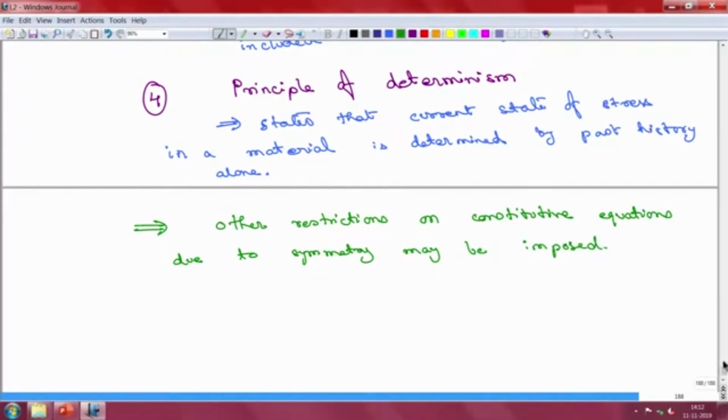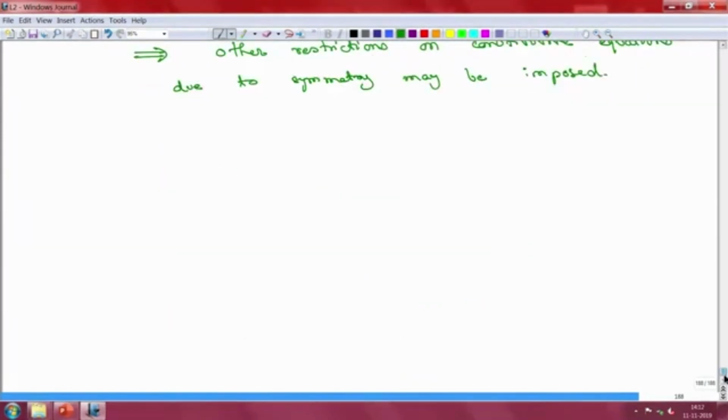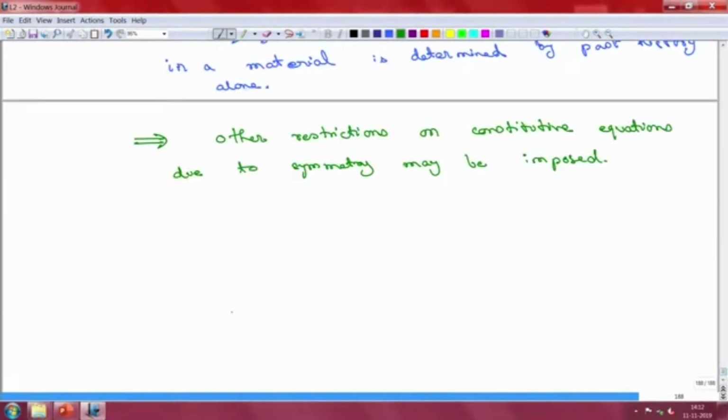Okay. But we are not going to look at all these different issues. The one issue that we will consider in a bit of detail is the principle of objectivity.